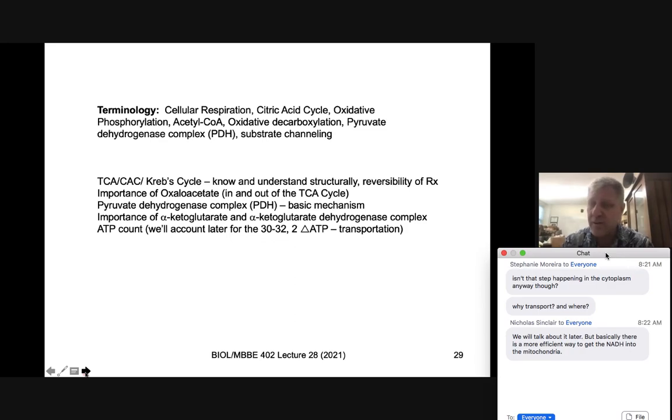The importance of oxaloacetate. We've already introduced this to you in regards to oxaloacetate being also substitutional to produce phosphoenolpyruvate. We have the pyruvate dehydrogenase complex, the basic mechanism with those thiols in regards to the disulfide bond formation, and then the hydroxyethyl group coming off the remaining component of the decarboxylated pyruvate, because that's the first stage where we're going to see carbon dioxide released, is actually the pyruvate dehydrogenase complex.